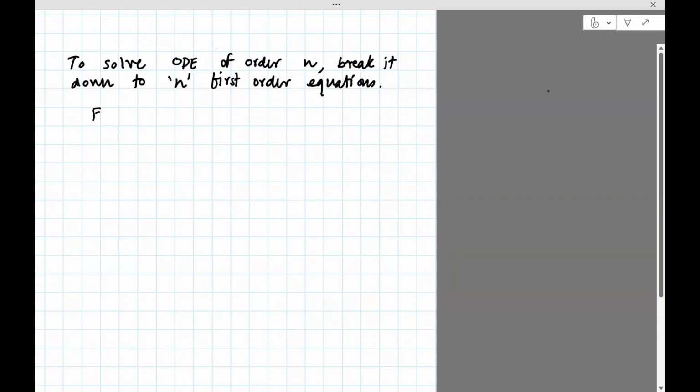So we wrote down this equation, x, y, dy/dx, d²y/dx², and so on till dⁿy/dxⁿ equals 0. The way we do this is we'll define new variables.